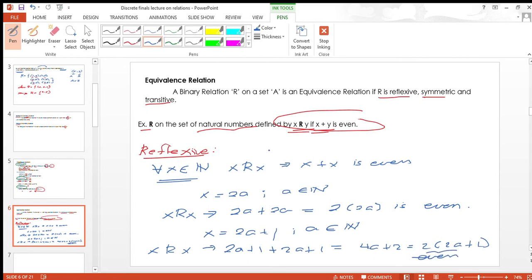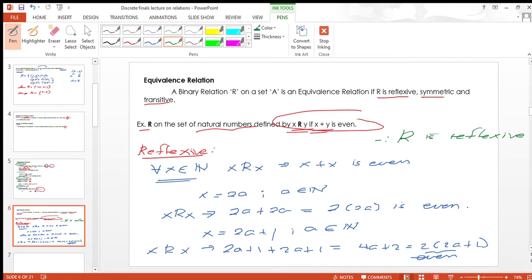Therefore, what will be our conclusion? So we can now conclude that R is reflexive.